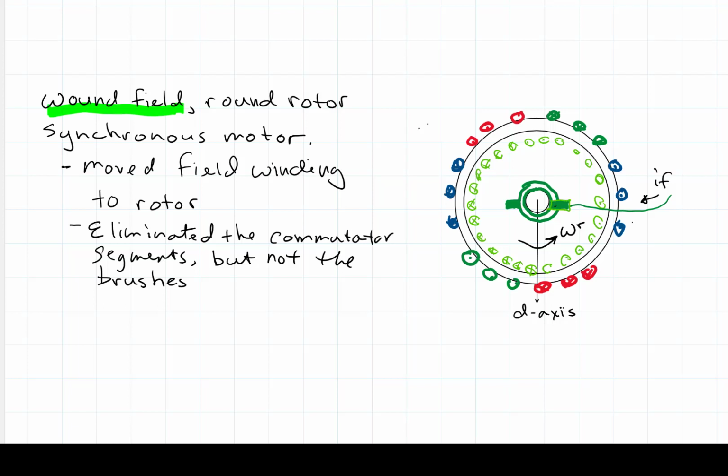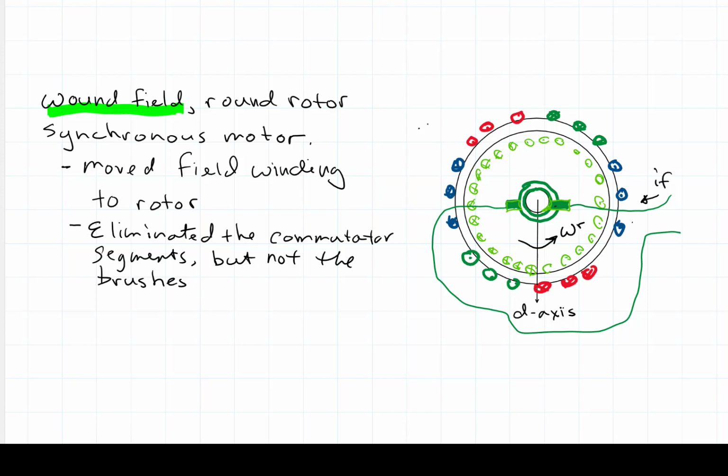That brush there is in contact with this green circle that's representing a slip ring. And then we've got another brush riding on another slip ring. Both these slip rings are pressed onto the shaft, and that's the return path for the field current.